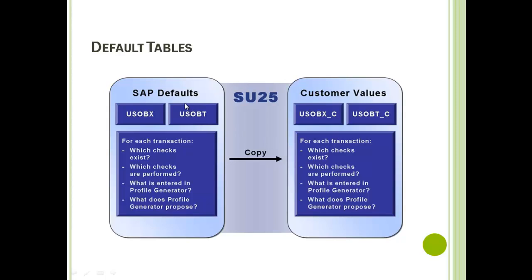this reference. So after you copy and change something in some of the transaction codes, you would like to see what is being checked for a specific transaction code using the transaction code SU24. The values which will be displayed are based on these two customer tables.